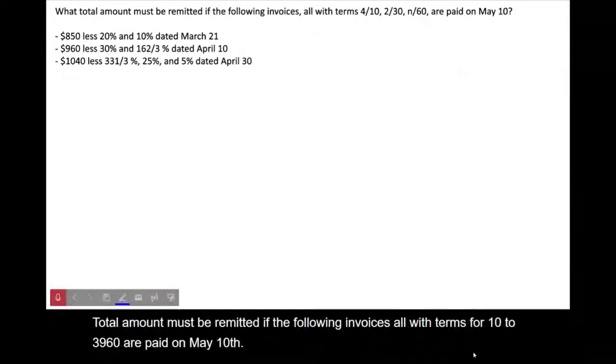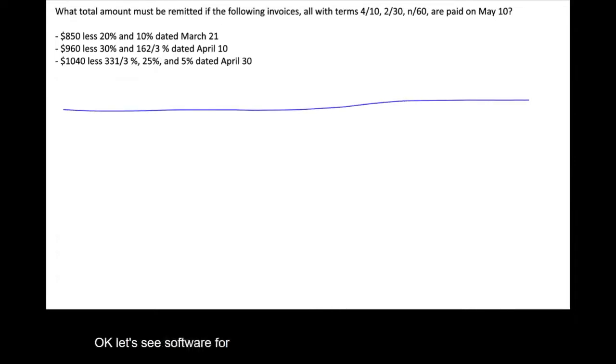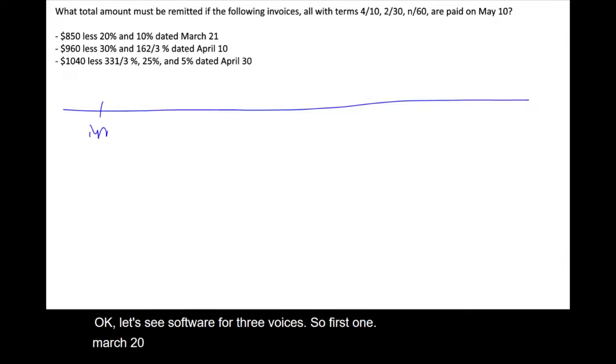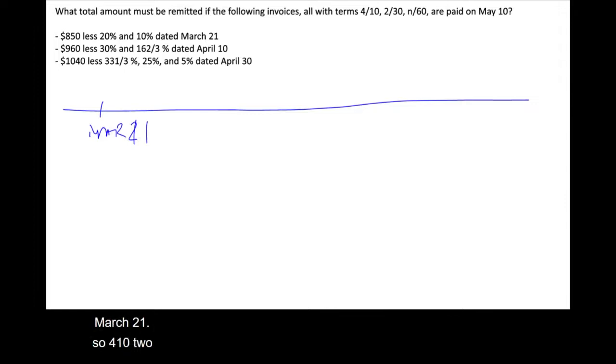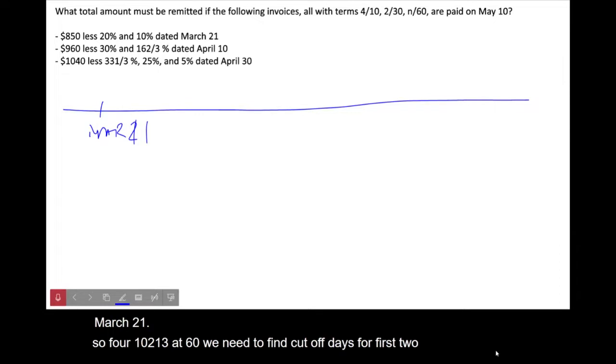Okay. Give me 1 sec. Okay, let's see 3 invoices separately. So first one, March 21. So 4/10, 2/30, net 60. We need to find cutoff days for the first 2 discounts.